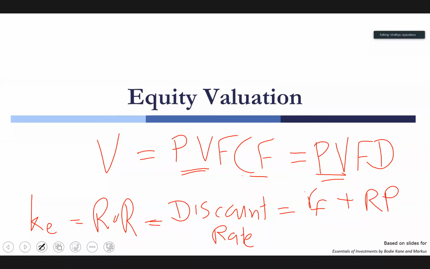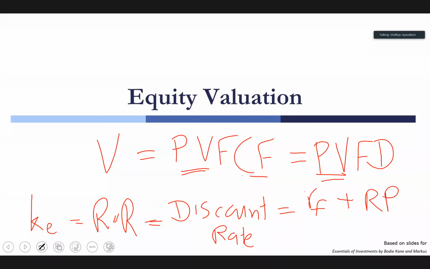The risk premium is different for debt. It is different for equity. It is a little bit more complicated for equity, which is why we use models like CAPM to come up with the effective risk premium. So CAPM is just one model. You have many models which you can use to come up with the discount rate, like the Fama-French 3-factor model.